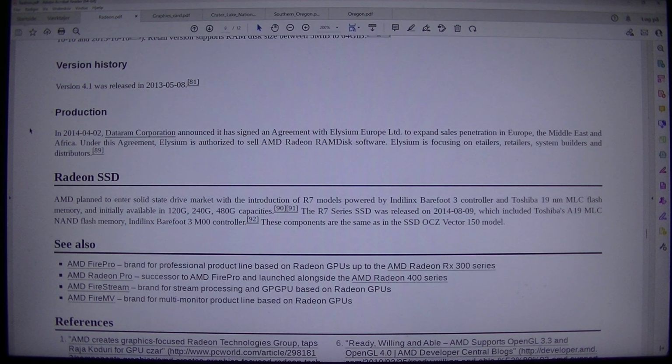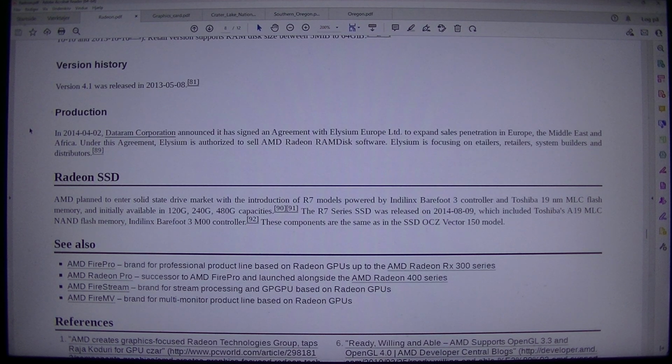Radeon SSD. AMD planned to enter the solid-state drive market with the introduction of R7 models powered by Indilinx's Barefoot 3 controller and Toshiba 19nm MLC flash memory, initially available in 120 GB, 240 GB and 480 GB capacities.